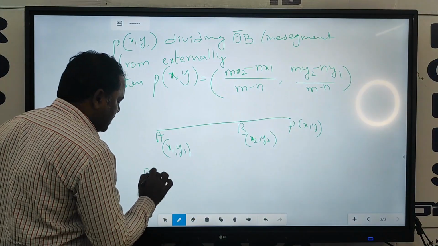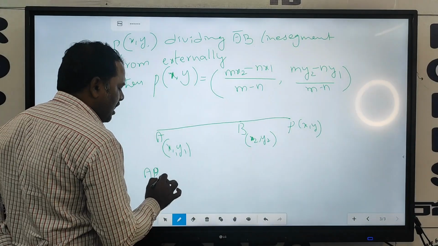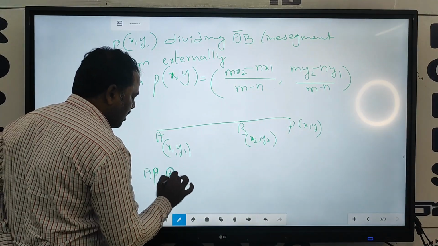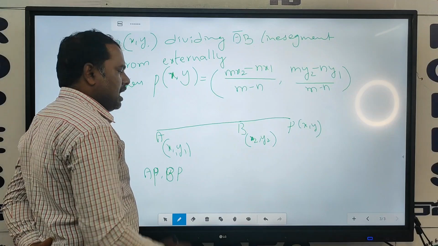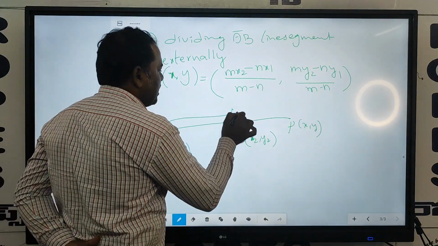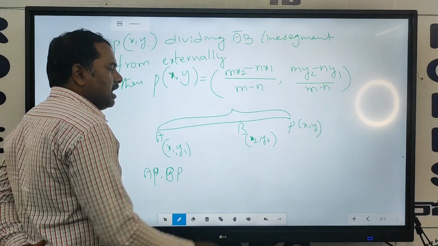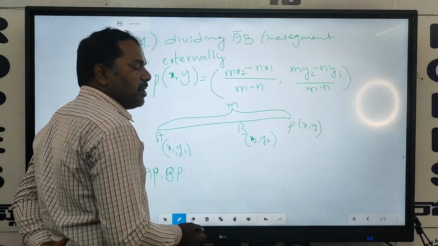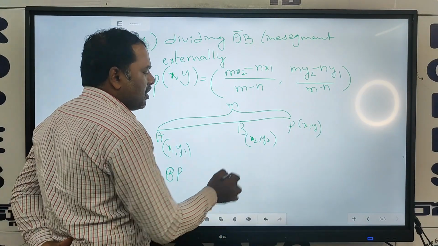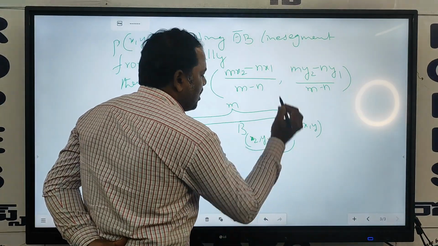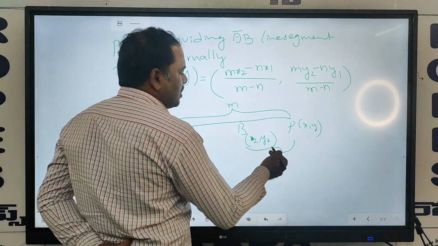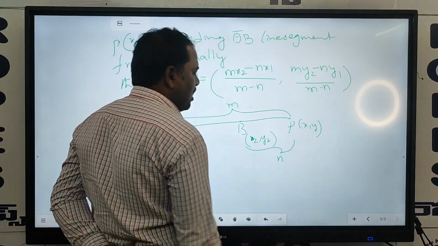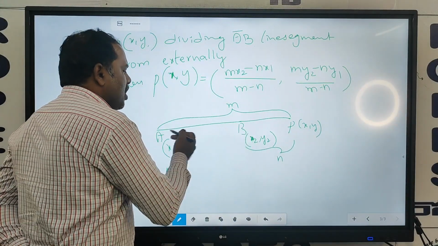Here one is AP, another one is BP. AP is the distance with value m, and BP has value n. From this I want AB.